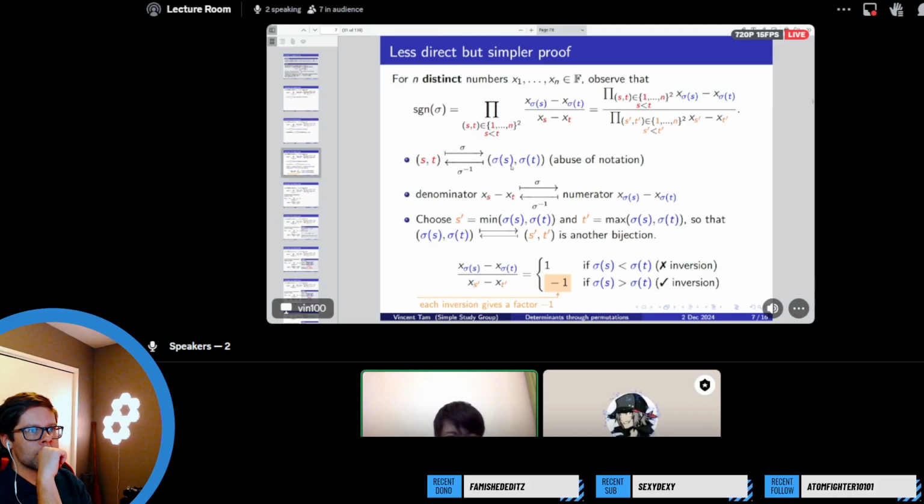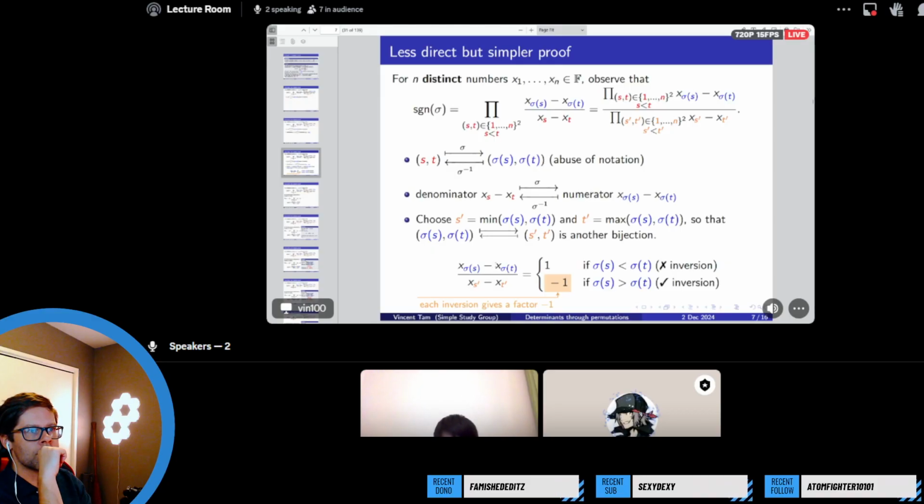So each subscript under the numerator represents a column index. That's why I mark them as blue. And then it's obvious that such S dash and T dash are another bijection.